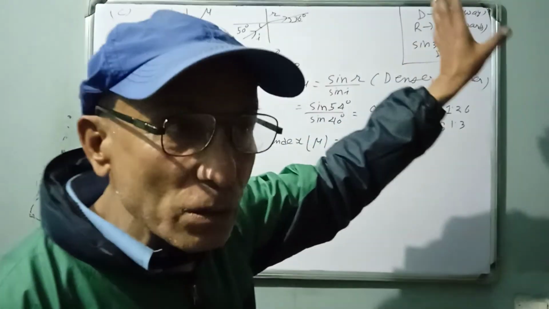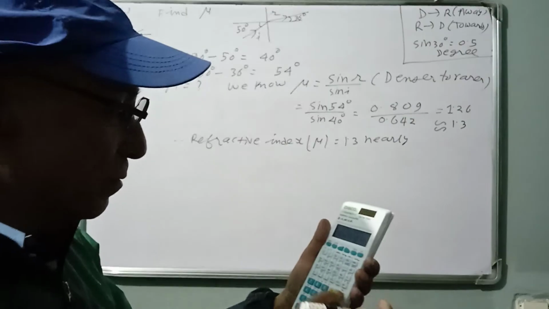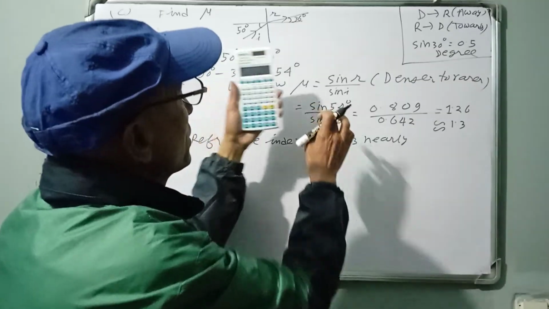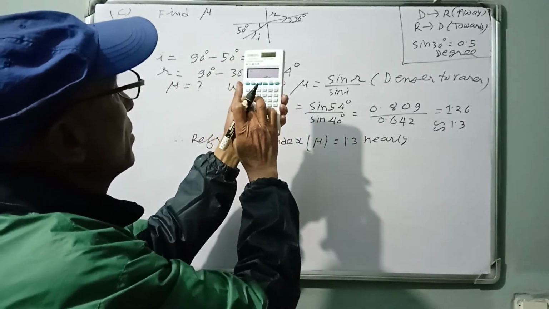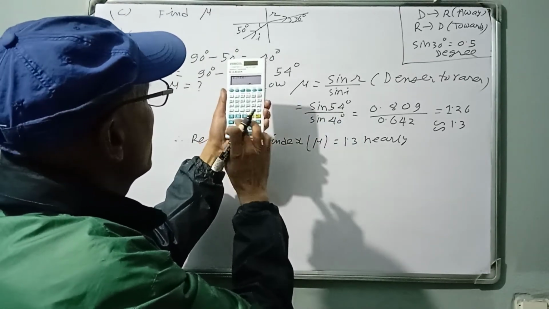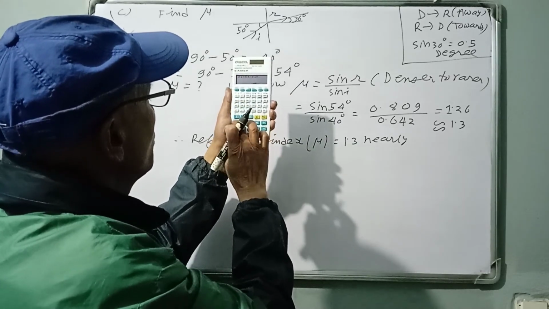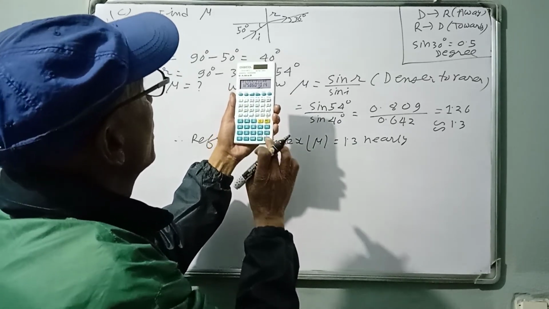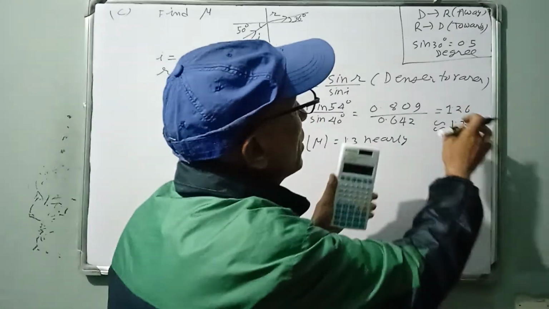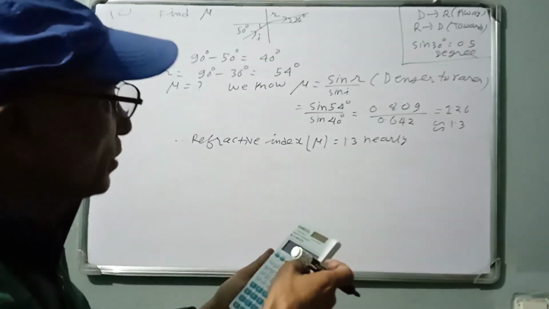It is very important even in optional math. Or let me check by using the calculator directly. Sine 54 divided by sine 40 degree, 1.258 something or 1.26. Directly you can write.